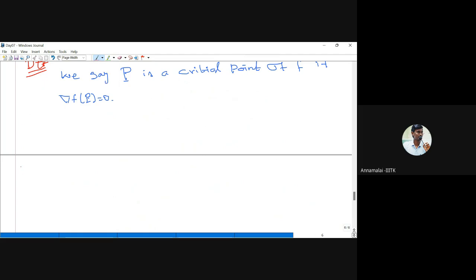Exercise: find the critical points of the function. The number of critical points may be more than one. So find the critical point, or points if more than one exist, of the function.